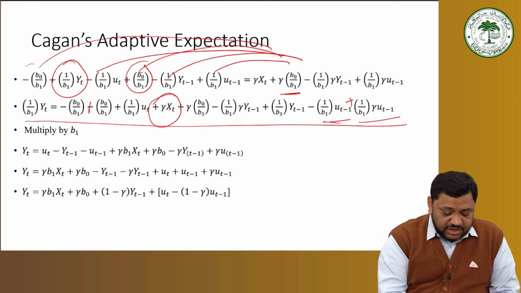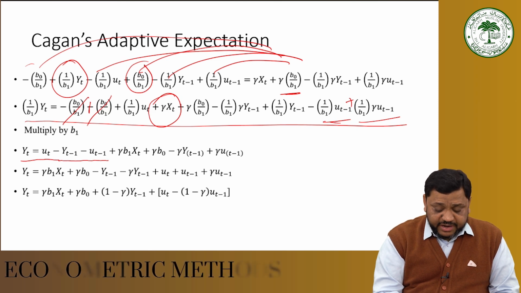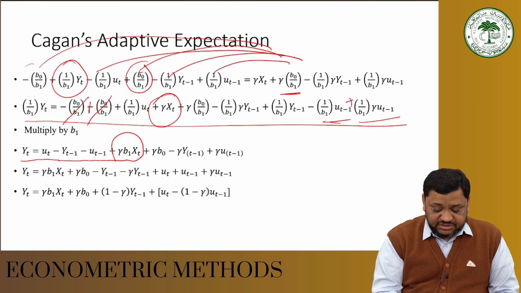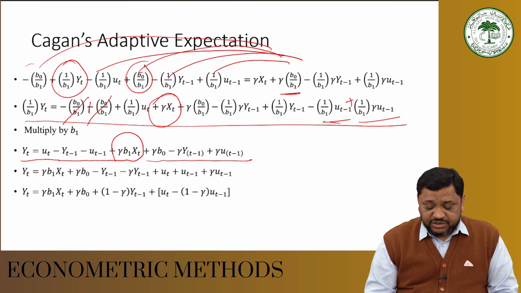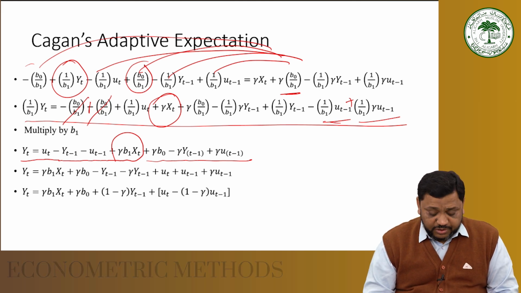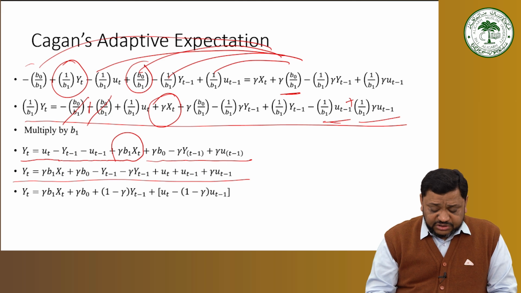So we get y_t is equal to u_t, and the terms cancel. Here the b1 remains above because there was nothing to cancel in the numerator, plus gamma b naught minus gamma y_{t-1} plus gamma u_{t-1}.